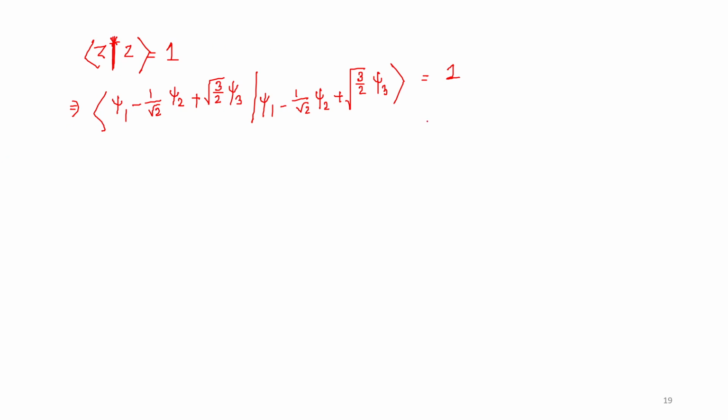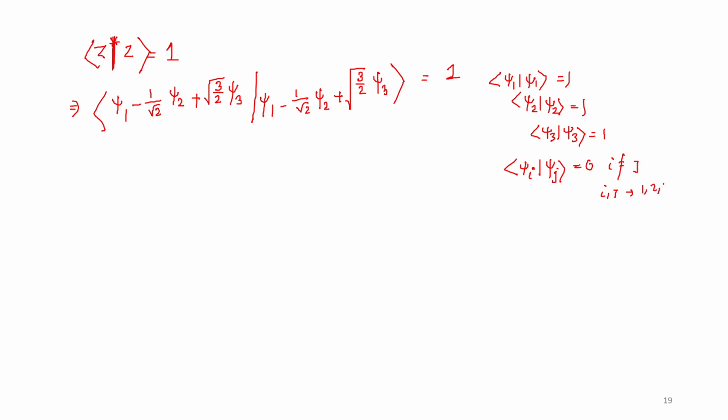And it is given that psi 1 is normalized, psi 2 is normalized, psi 3 is normalized. And also they are orthogonal to each other. Psi i, psi j is 0 when i is not equal to j, and i and j can be 1, 2, 3.